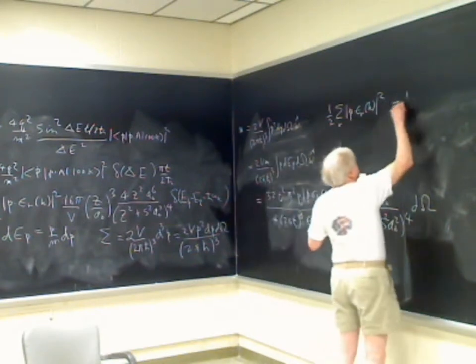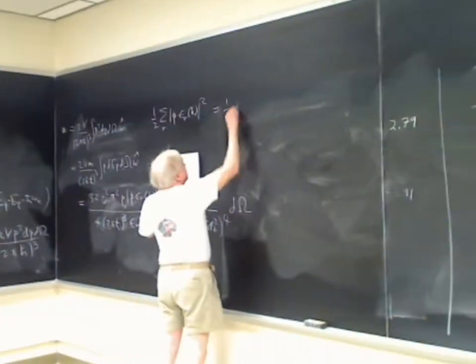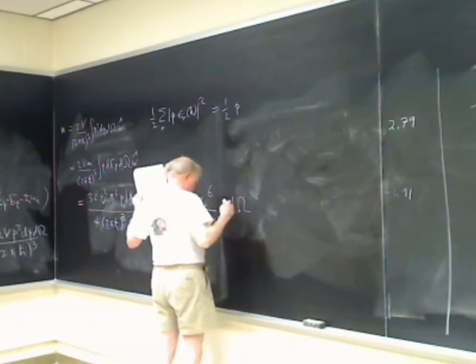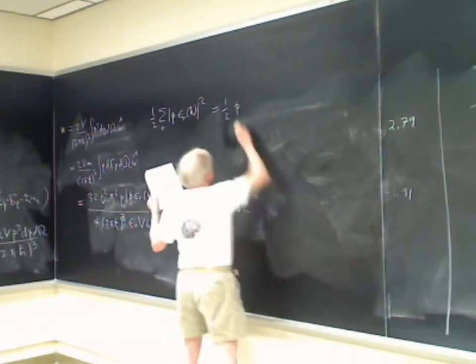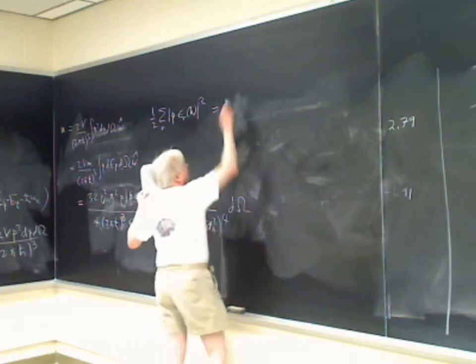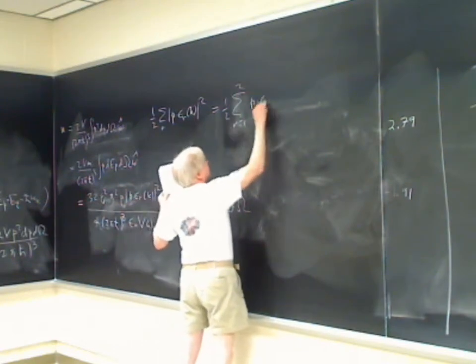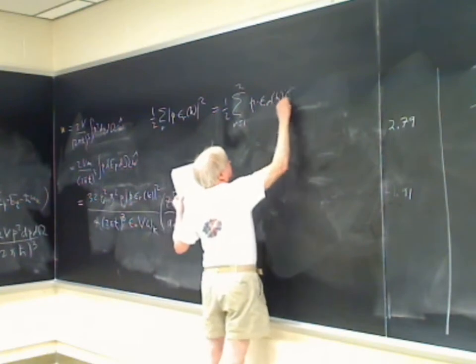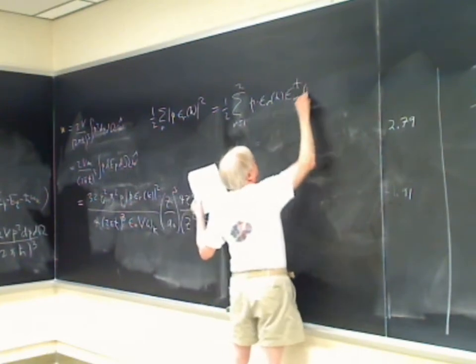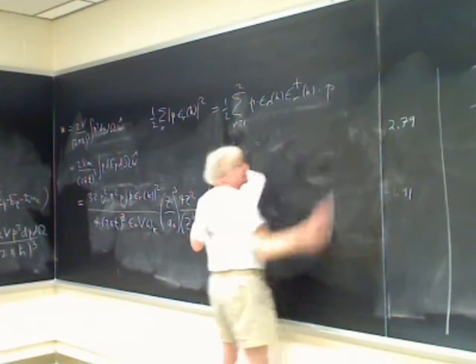This is 1/2 the sum over R equals 1 to 2 of p·ε_R(k) ε_R†(k)·p.